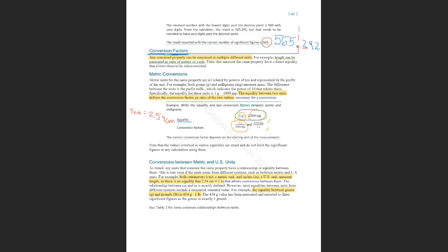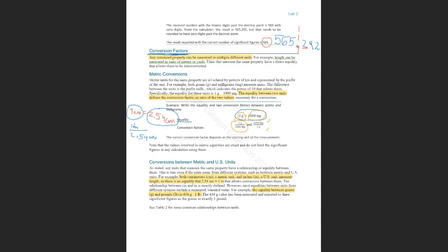I look at what is to the left of the equal sign, and I can put it up, 1 inch, divided by whatever is to the right, 2.54 centimeters. Or I can do the opposite, put the 2.54 up.